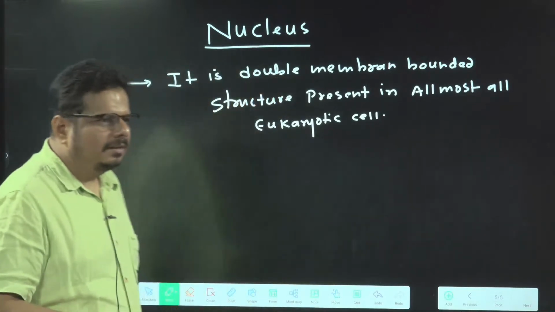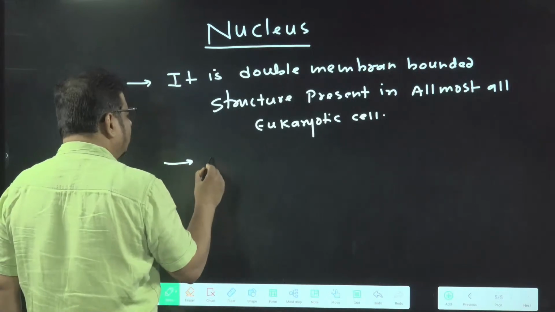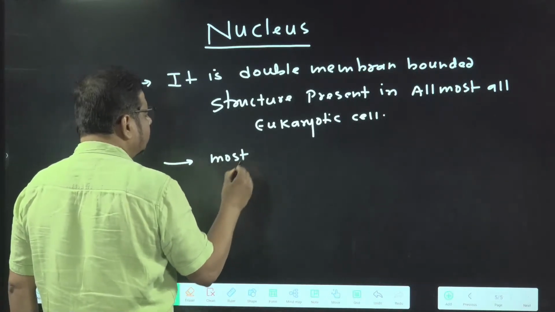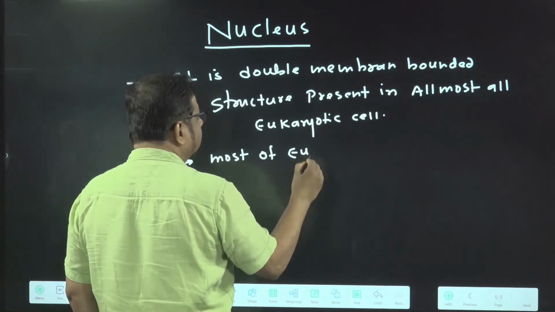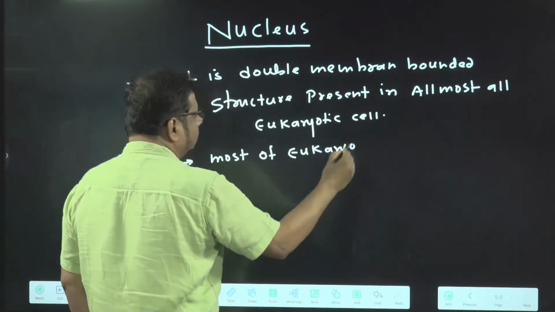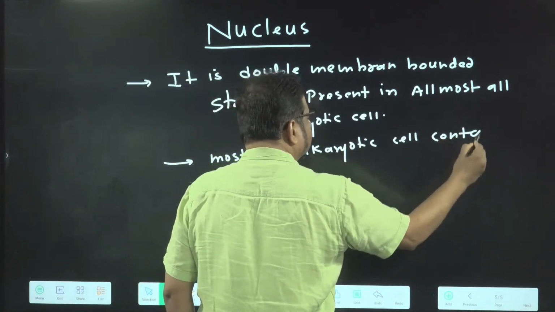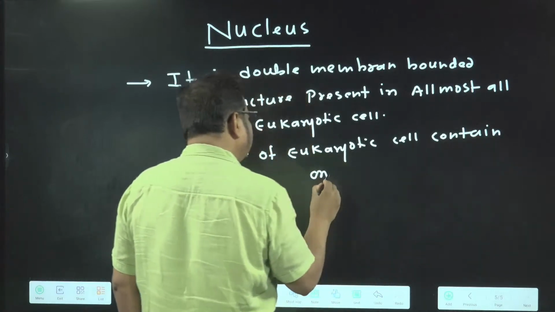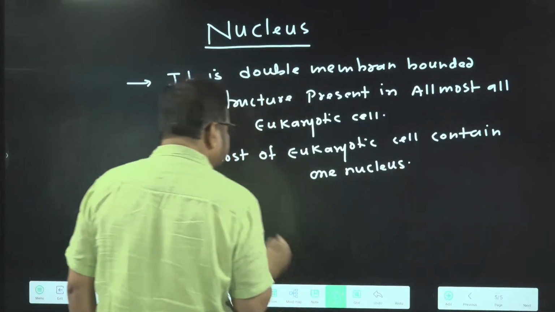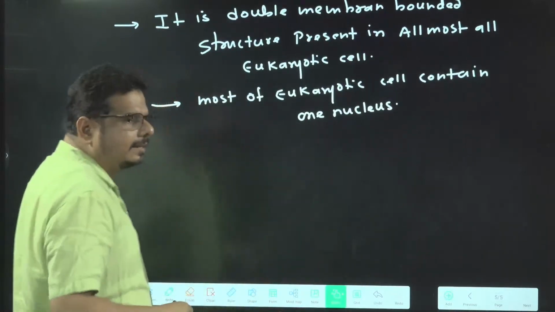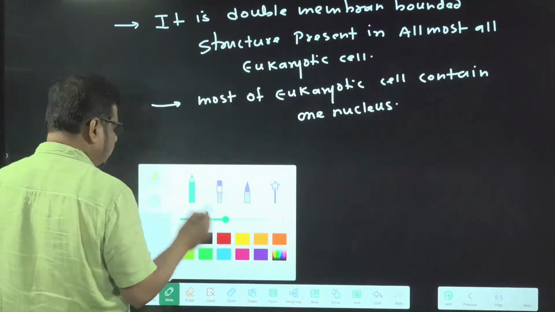Able to understand? So what is happening basically? Most of the cells have a nucleus. Most eukaryotic cells contain how many nuclei? One nucleus. But certain exceptions are there. I am writing about exceptions related to the nucleus.